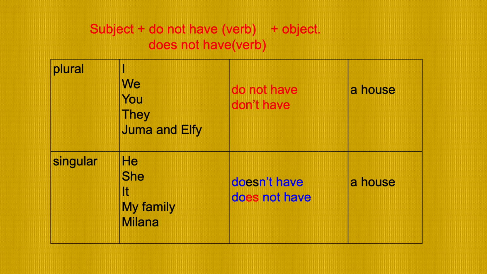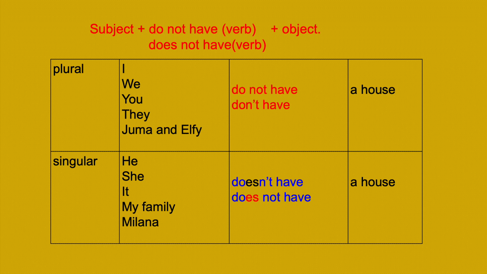As you learned before, this is the structure or the form of a simple present tense have sentence. So, subject. You need a subject. Then do not have. This is for the plural verbs. This is a plural verb and object.